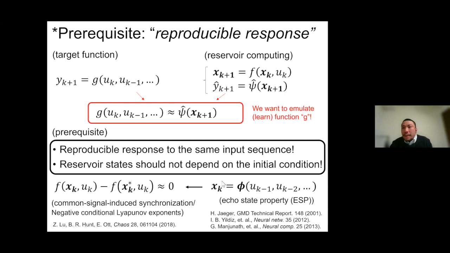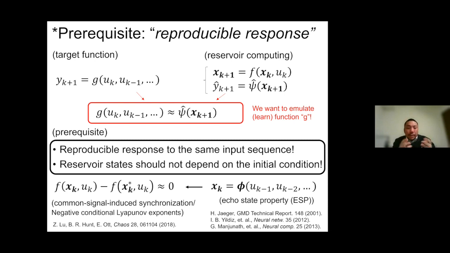And to investigate whether your reservoir has the echo state property, we usually investigate whether your system shows some common signal-induced synchronization. It means that you start your reservoir from different initial conditions, you inject the same identical input series, and check whether your reservoir system starts to show the same response.